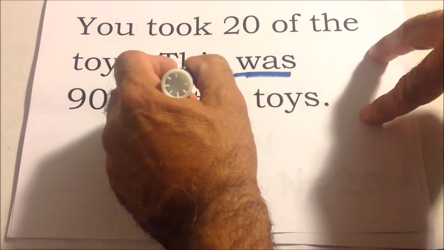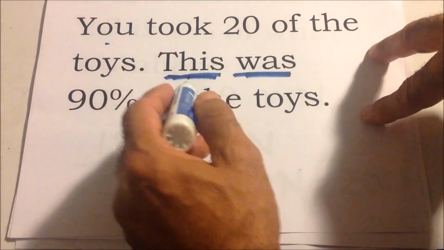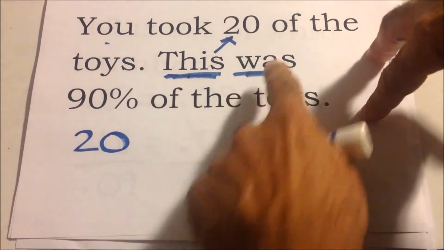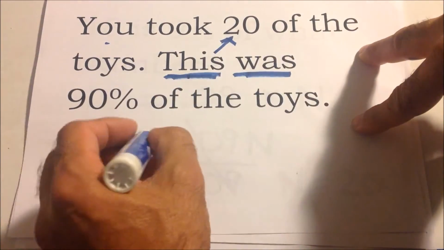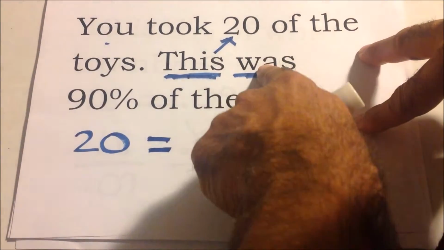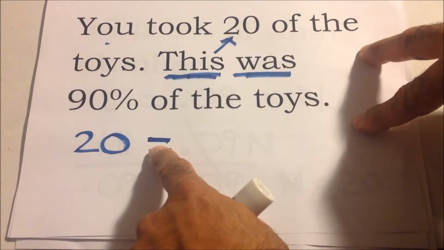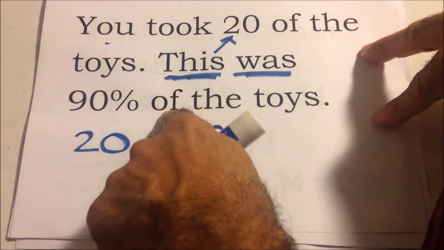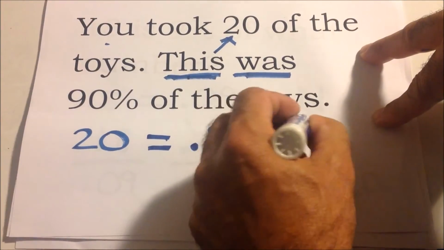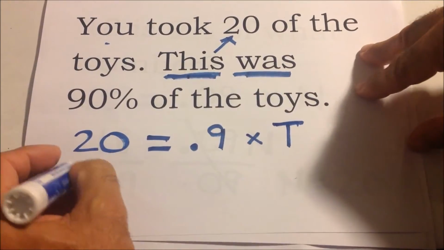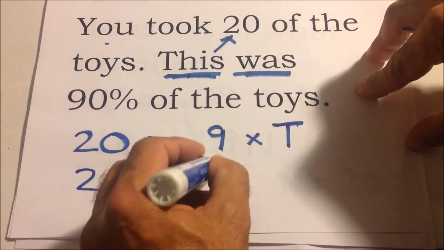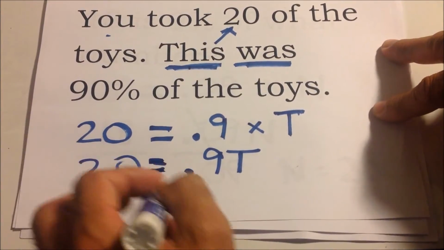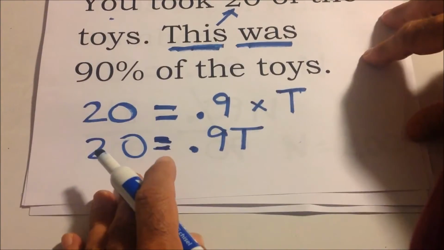So 20 was, or is, means equal. 90%, what's 90%? 0.9. Of means multiplication, and the toys. We can put a T if you want. It should be 20 equals 0.9T. There's our equation. Remember, equations have equal signs, and there's two sides.